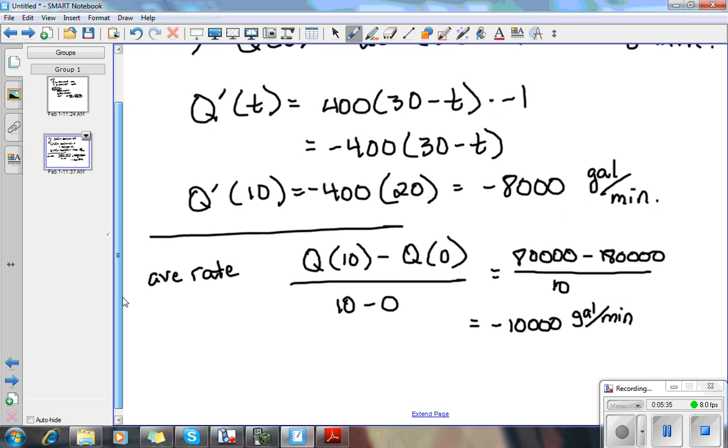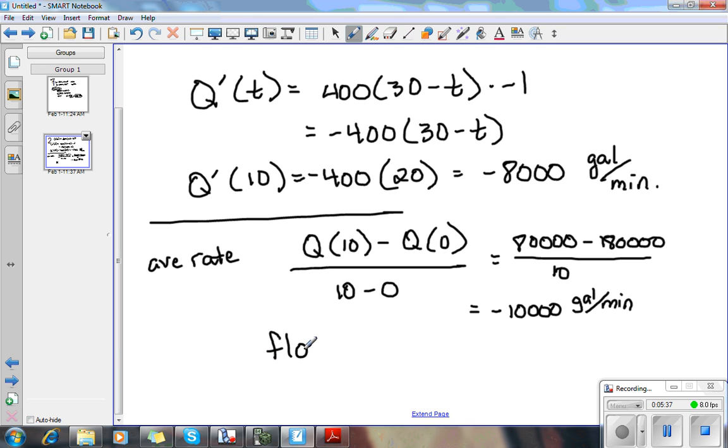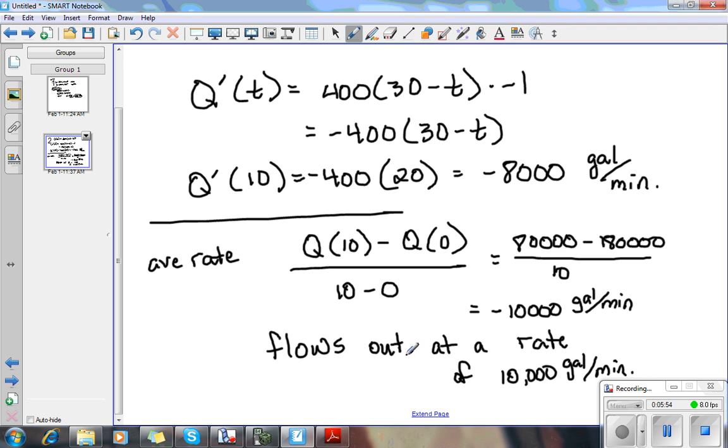So it flows out at a rate of 10,000 gallons per minute. Depending on how I say that, if I say it's flowing out as part of reporting my answer, then I drop the negative because it's flowing out. So that would be the average rate of change.